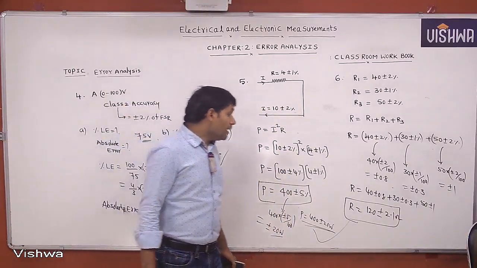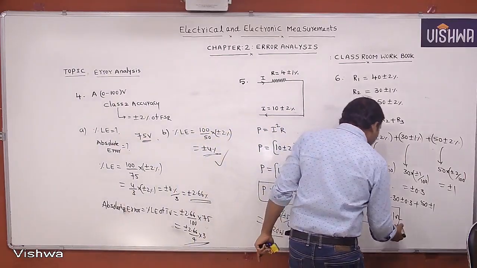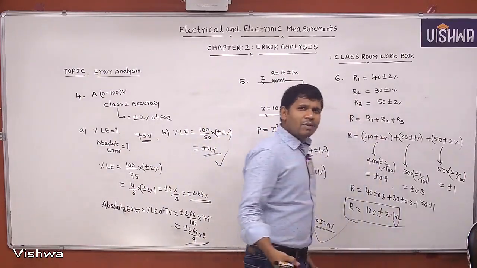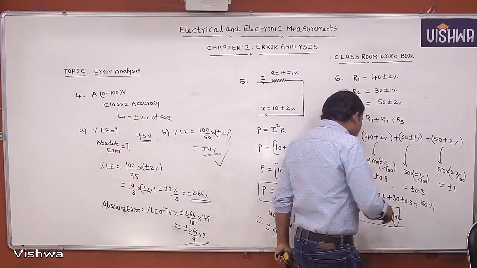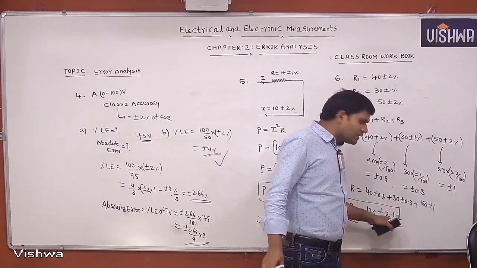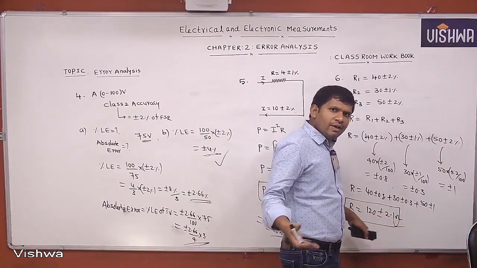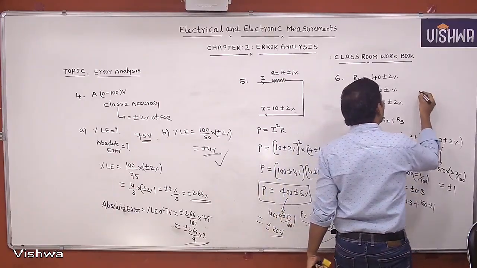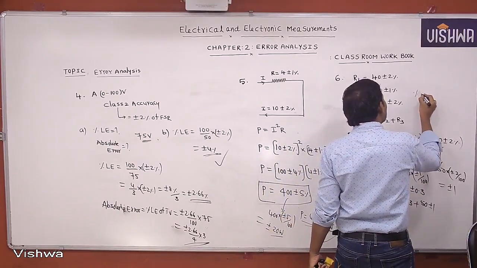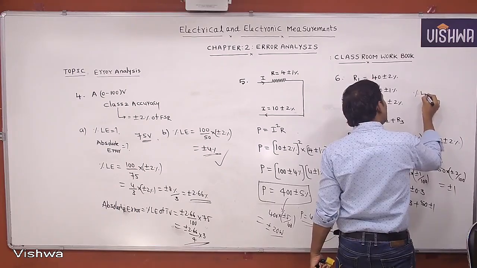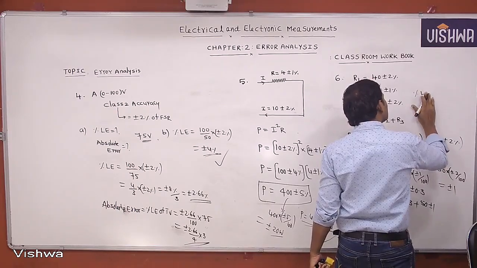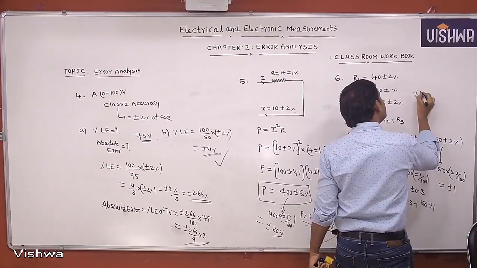Then how to calculate? This error may be specified in terms of percentage also. If it is given in the option, directly you take this one. If it is not there, then you go for the percentage limiting error in R. What is the percentage error in R?